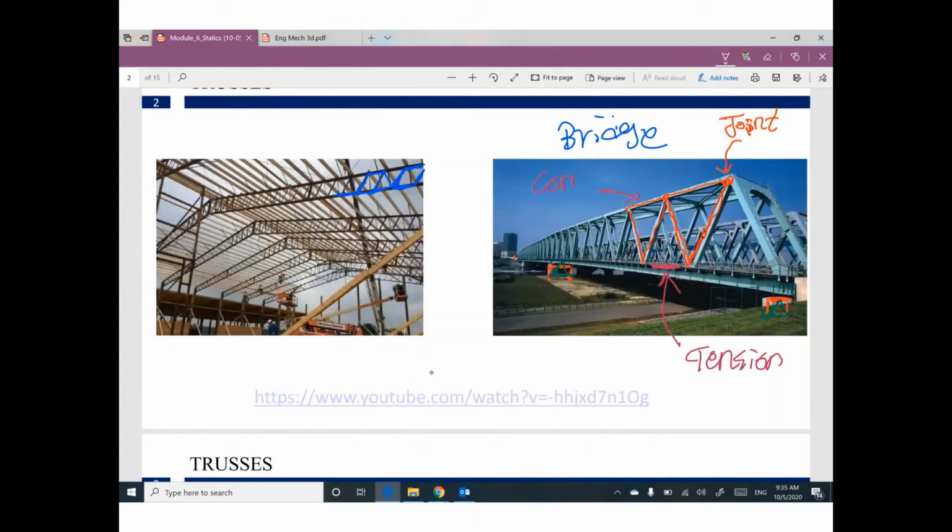So you need to figure out how much the force is in this member, and tell me whether this force is tension or compression. It's very easy. Don't worry. We need to understand the concept of this structure and how to answer. It will become easier, just follow my steps.